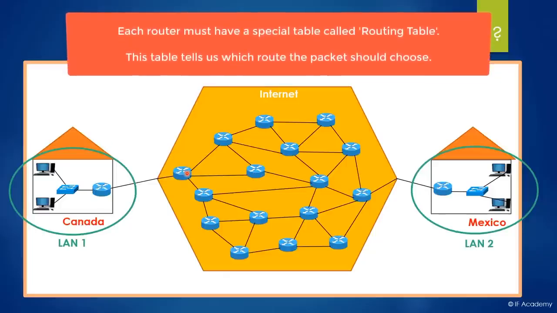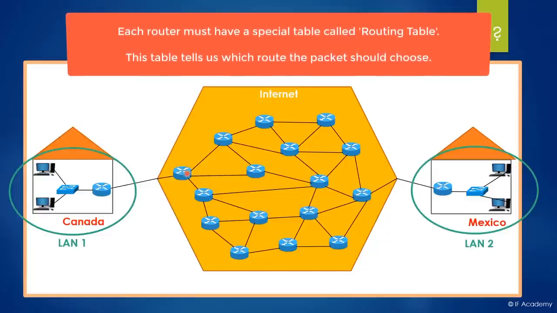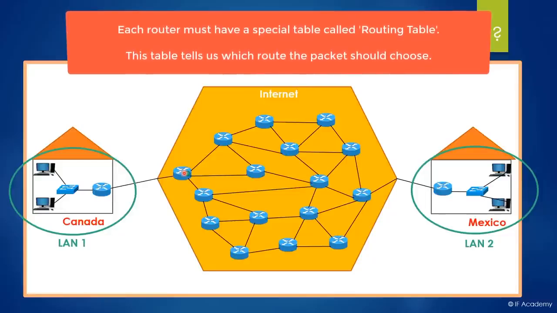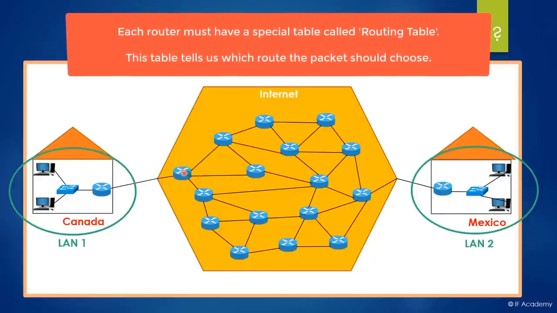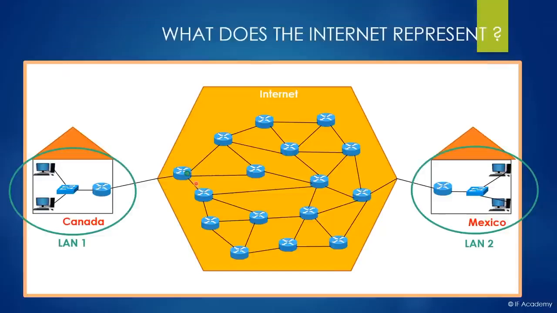Each router must have a special table inside called a routing table, and after receiving a packet, every router looks at its routing table to learn which path it must send the packet. For this router, it should be this path, or this path, right? This is obvious. And if you are aware, firstly, the router receives the packet from one of its ports.